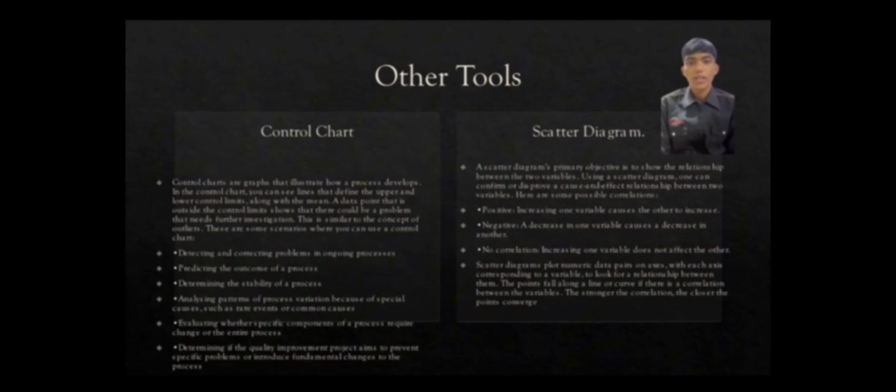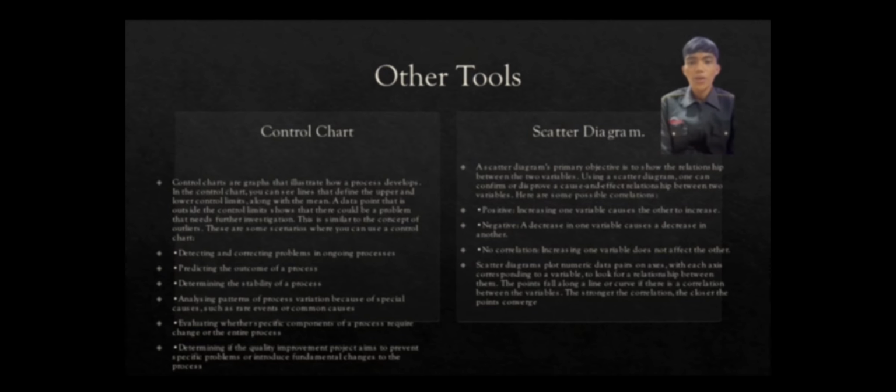First, positive: increasing one variable causes the other to increase. Next, negative: an increase in one variable causes a decrease in the other. Next, no correlation: increasing one variable does not affect the other.